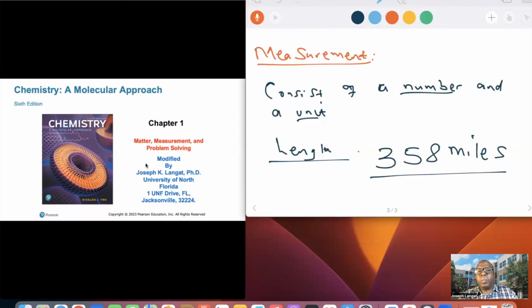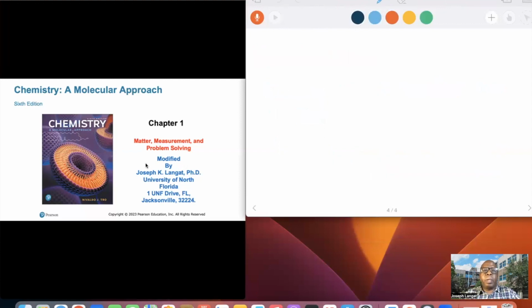This will be very critical in the lab when you record and collect the data. You need to include the units. Your instructors will expect you to record your data, including the units. Towards the end, we will look at problem solving, and this is basically dimensional analysis.